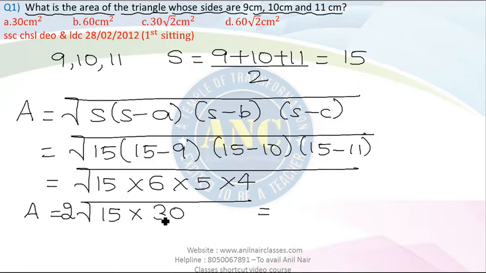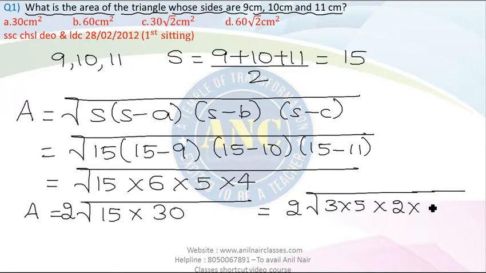Next, 15 into 30. Can I simplify it again? 15 is nothing but 3 into 5 and 30 is nothing but 2 into 15, where that 15 can also be written as 3 into 5, right? So 2 into 3 into 5 is nothing but 30.